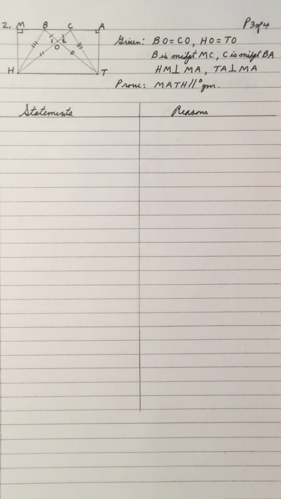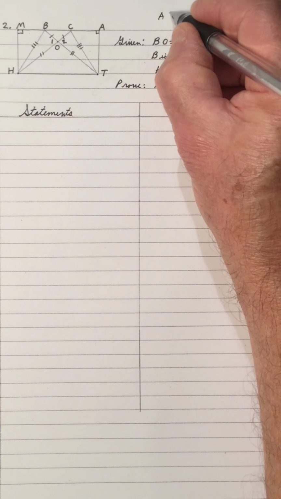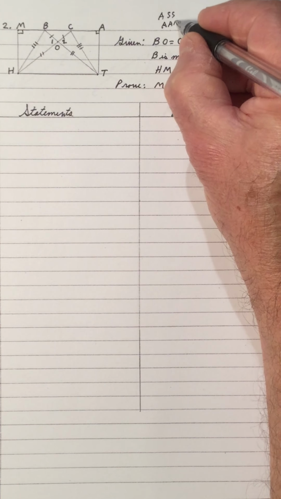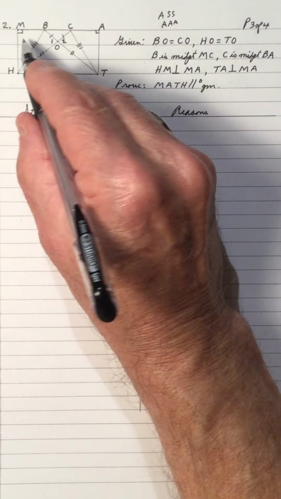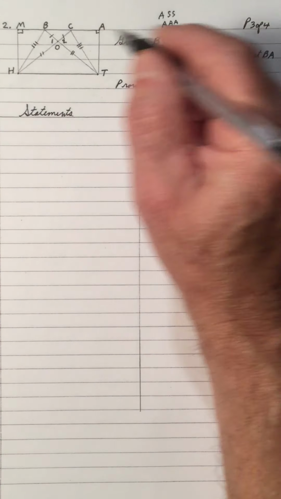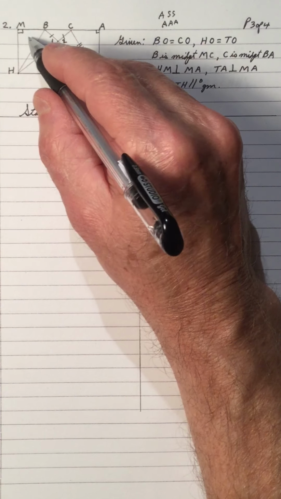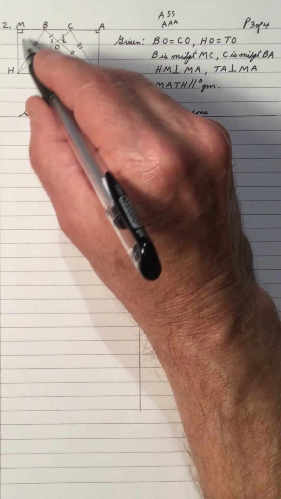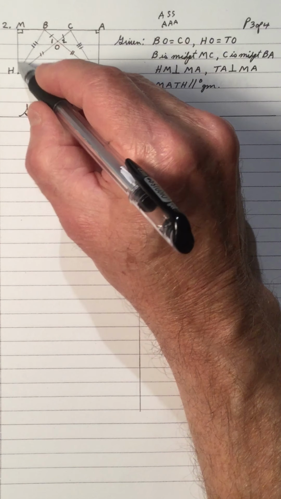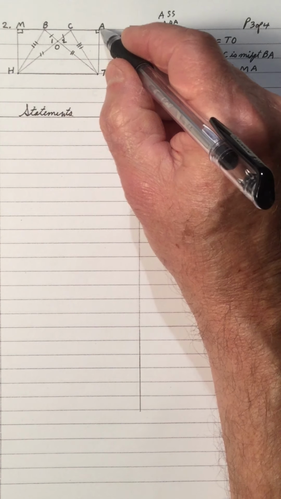So instead of saying M is equal to A because they're right angles, we have to go with an HL. And the triangles are going to be congruent, therefore I can have HM equal to TA.